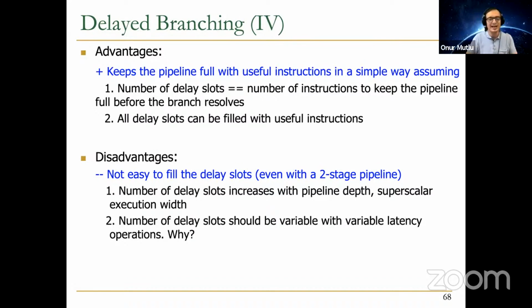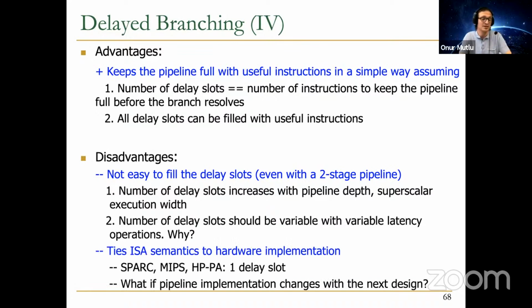As a result, people realized that this was a bad idea, basically, because you tie the ISA semantics to the hardware implementation. And by adding 1 delay slot, you don't accomplish anything. You just make hardware designers' life harder, software designers' life also harder. And if the pipeline implementation changes with the next design, you're not getting even more benefits going into the future. So this is an example where separation of concerns should be clean.